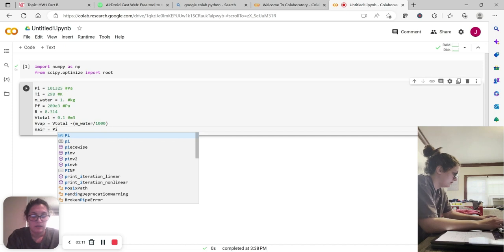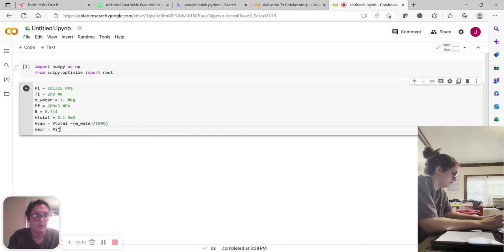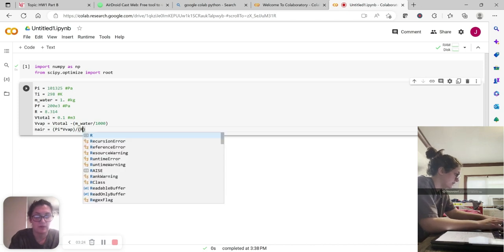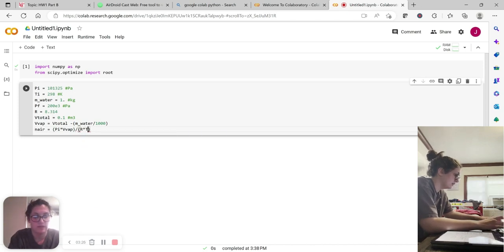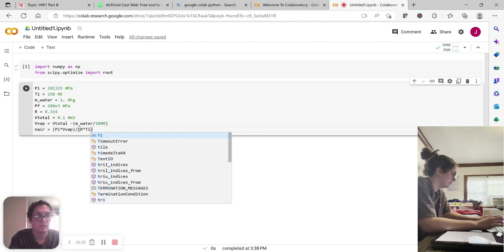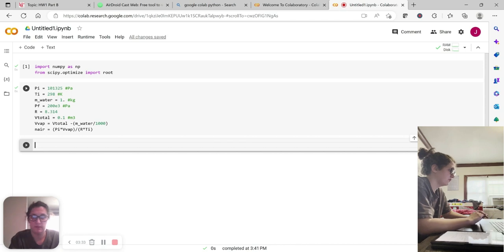Pi times the vapor volume, divide that by our constant times the initial temperature. And that was everything that we needed to solve for the partial pressure of the air.